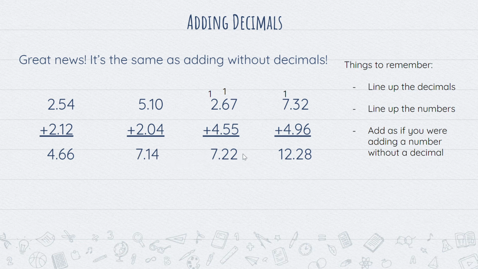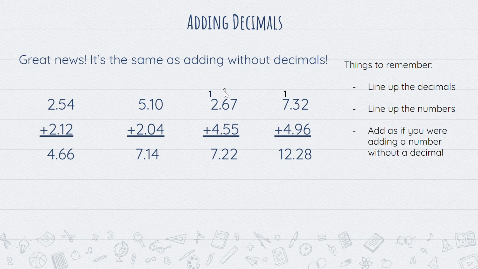Now over here is where we get into regrouping. You don't change how you regroup, you do it as you would normally do, except you need to remember to have your decimal in your number. So here we go, 7 plus 5 gives us 12. So I put my 2 down here, and I put my 1 above.